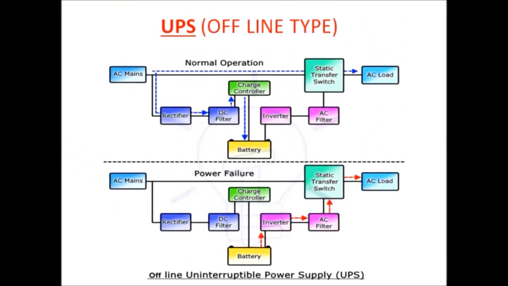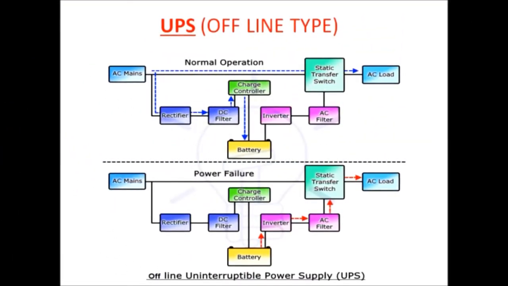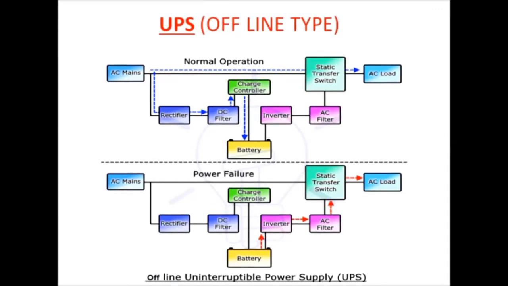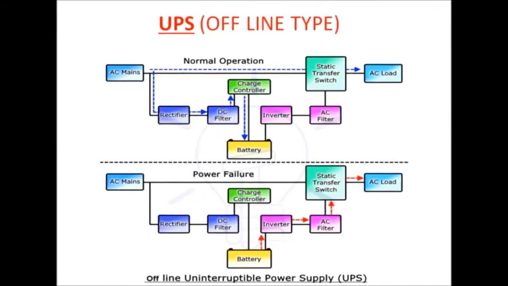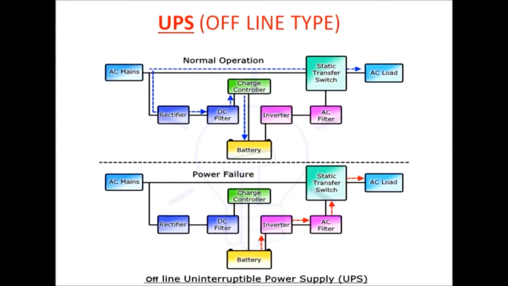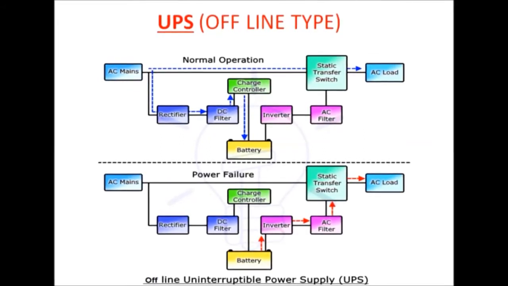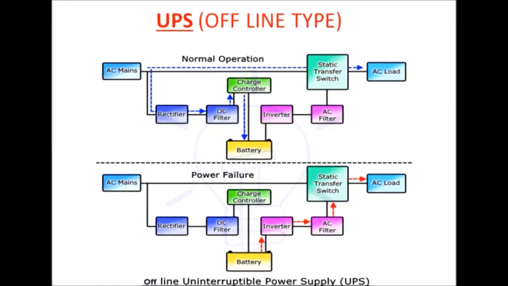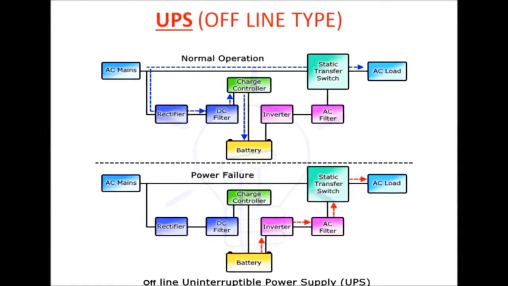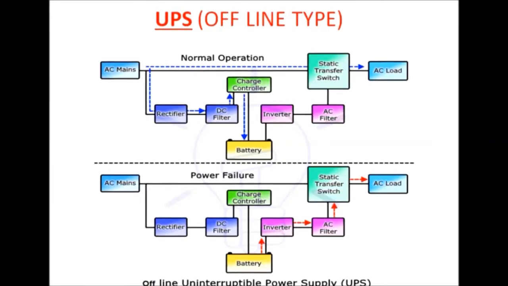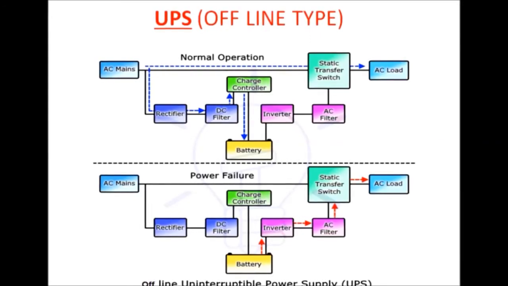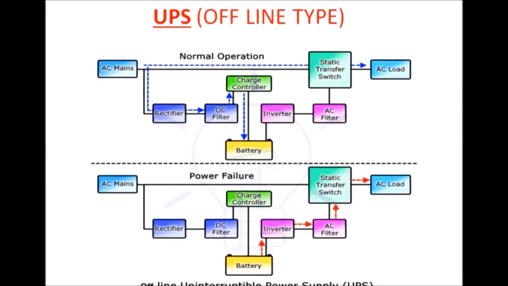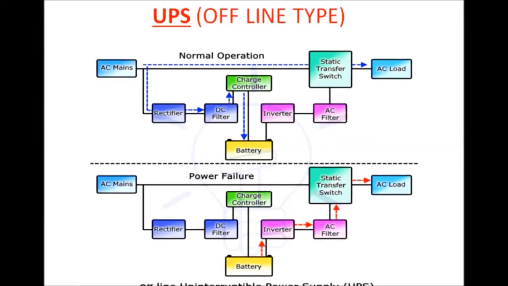This is the block diagram of offline type UPS. In normal operation, meaning AC supply is on, the AC supply goes directly to the static transformer switch and AC load, and at the same time the AC mains is connected to the battery through rectifier, DC filter and charge controller.